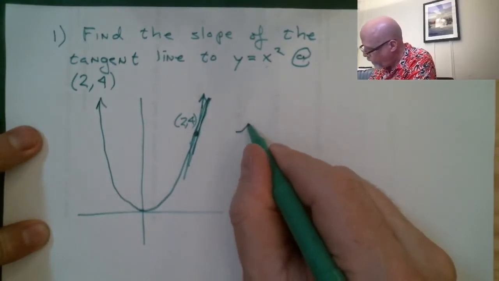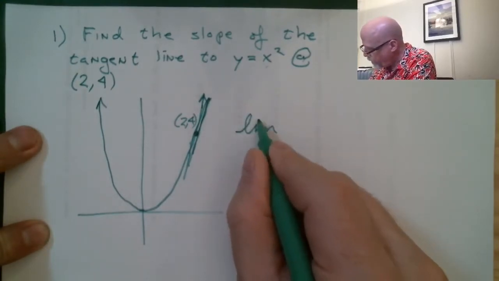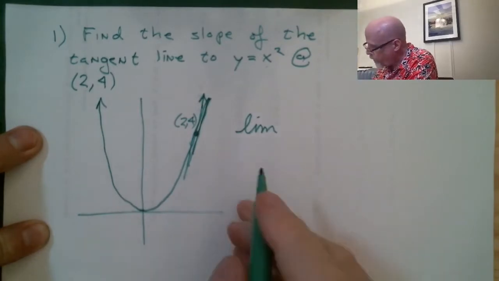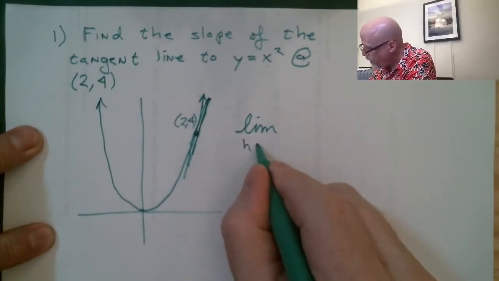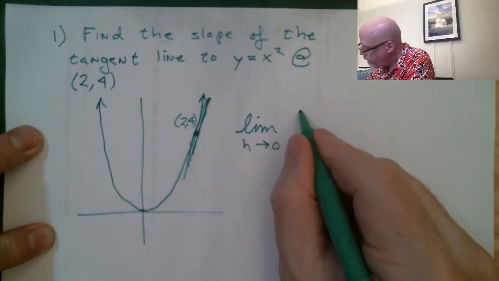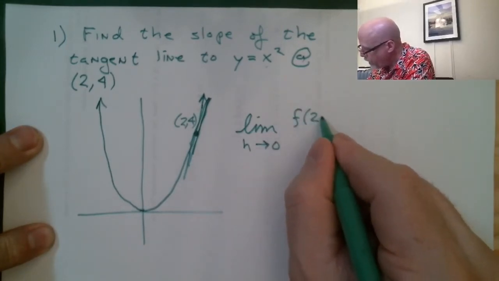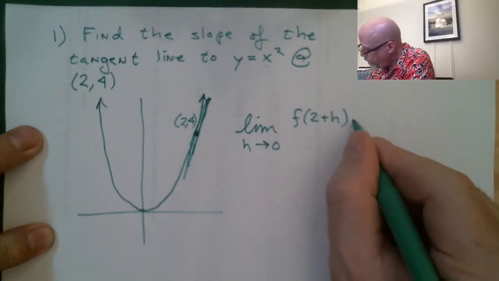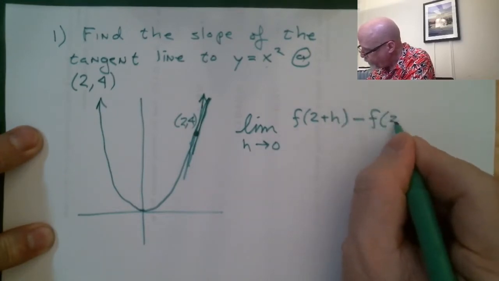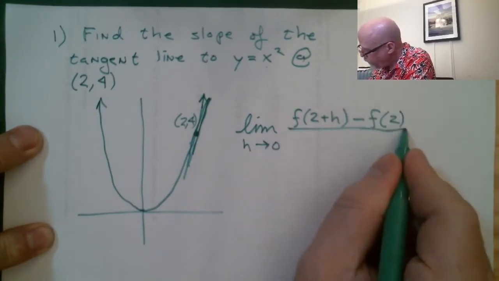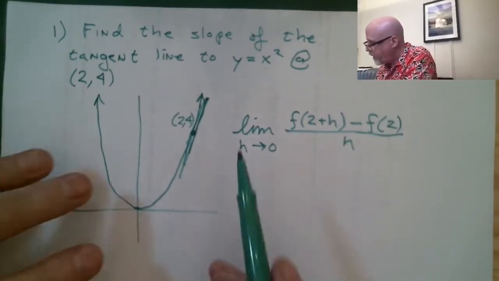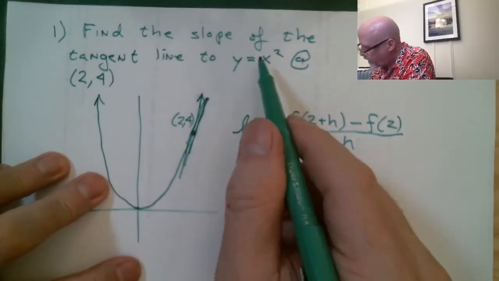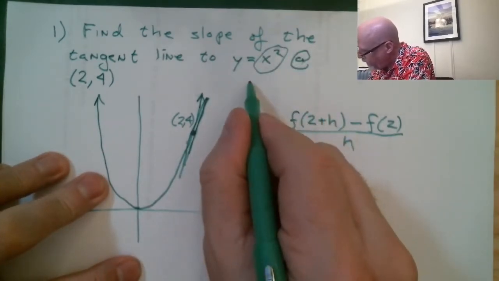Well, we're going to use that first version of the difference quotient where the x is replaced with an actual number. The limit as h goes to 0 of f of 2 plus h minus f at 2 divided by h. All right, but what's f? I just wrote y equals x squared, but that formula there, that's f of x.